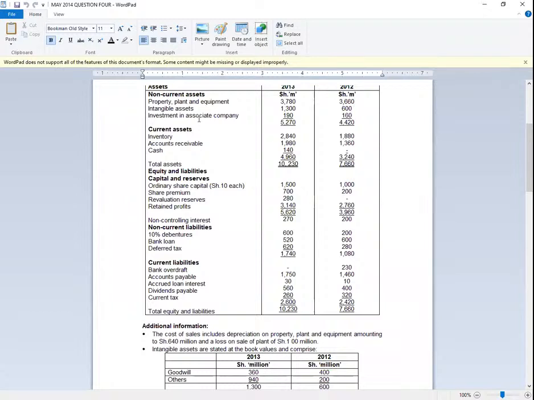There's nobody who wants to talk to me. Dividend from the associate. Very easy.